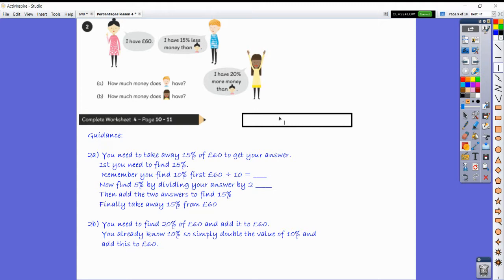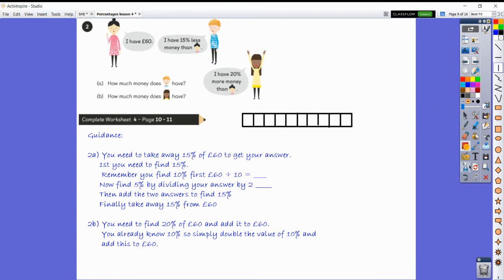So I need to split this into tenths, which is quite difficult to do on here, but I will try my best. So we're splitting this into tenths, okay? Because we need to know 10% before we can find 15%.